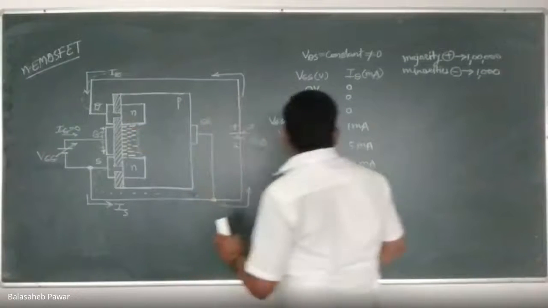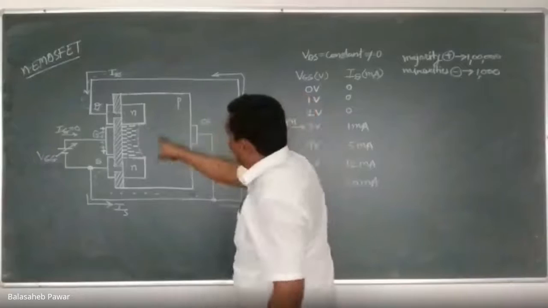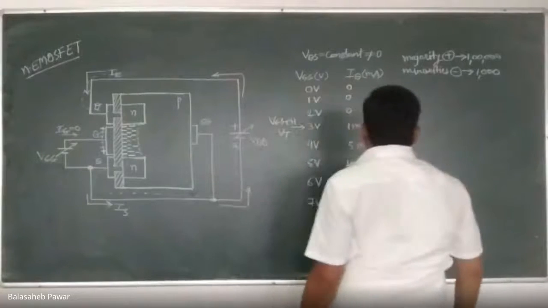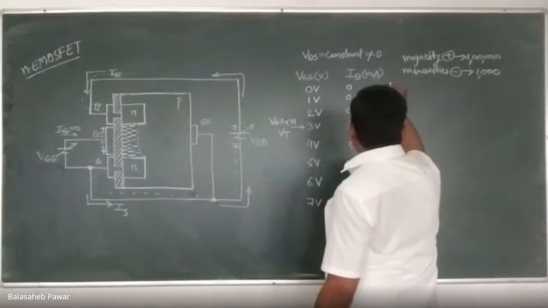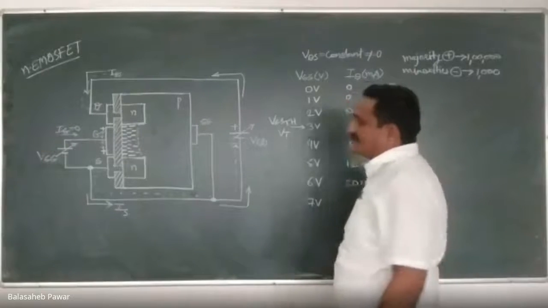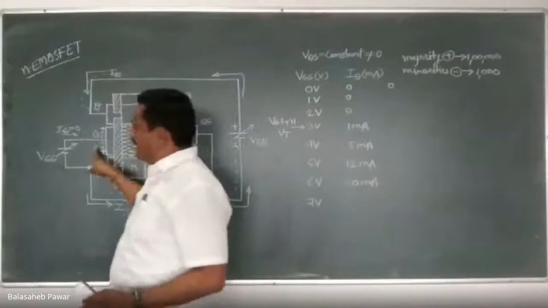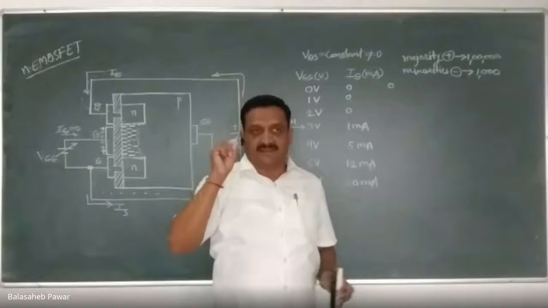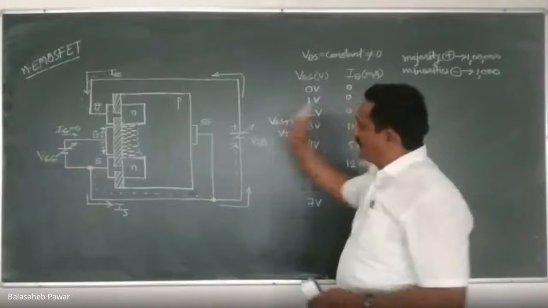So when I apply VGS equals 0, the attracted minority charge carrier is 0. No minorities will be attracted. Am I right? Because when VGS is 0, the field generated has no potential, and that's why no minorities will be attracted.